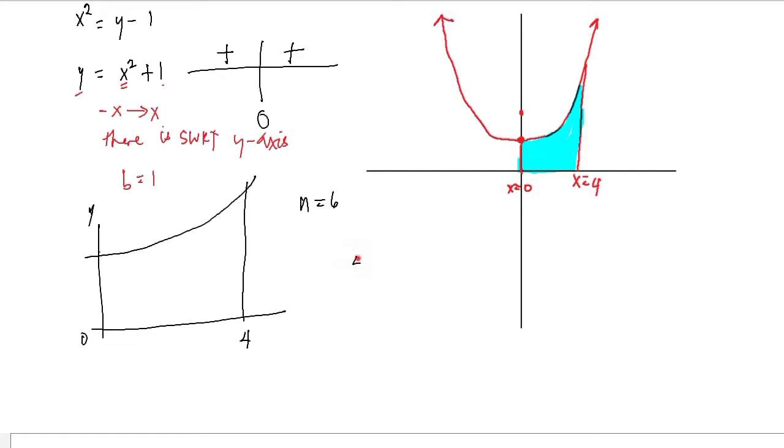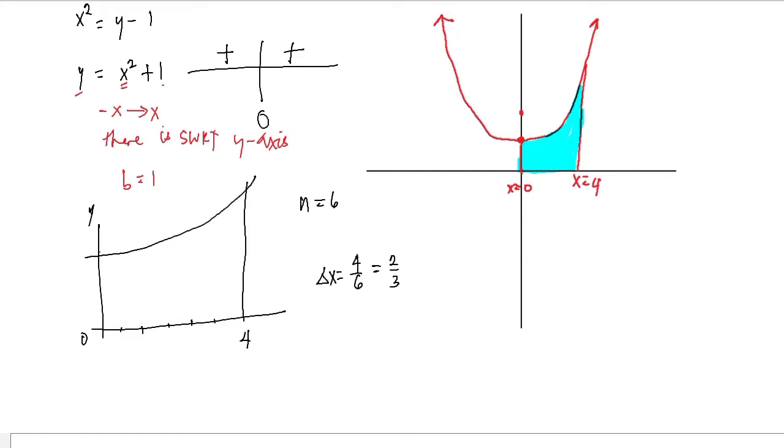So, that would be 4 divided by 6. That would be the value of your delta x. So, that's 2/3. So, kung 2/3 ito, hahatiin natin sa 6 ito. So, hatiin muna natin sa 3. Hatiin natin sa 2. Ayan. Hatiin na natin sa 6.